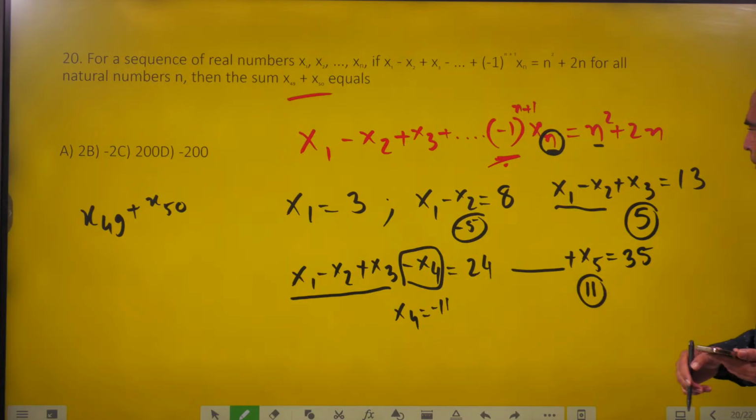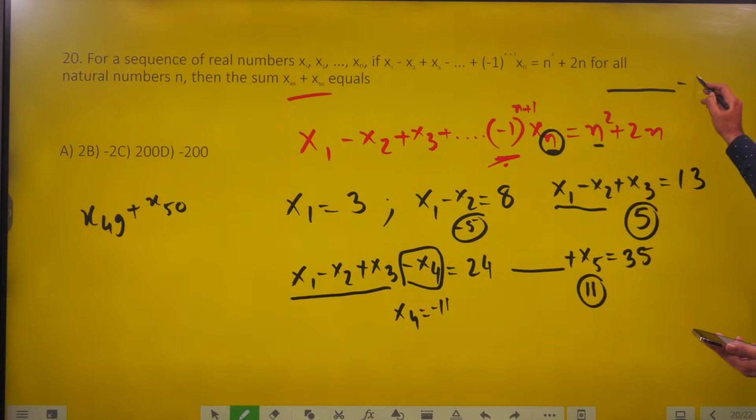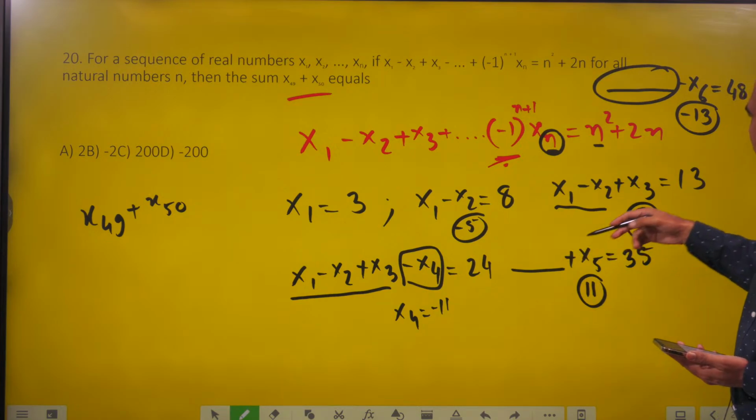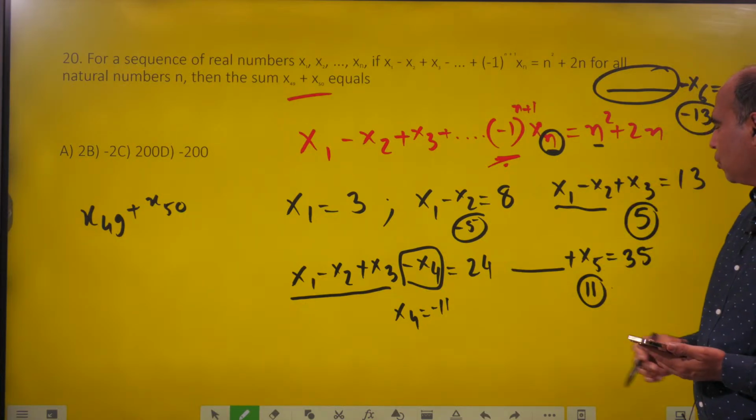And then when I go to minus x6, this whole expression minus x6, this value is going to be 48, which tells me that the value of x6 is minus 13. Because x1 to x5, the sum of x1 minus x2 plus x3 minus x4 plus x5, was 35, and minus x6 makes it 48. That means this value of x6 has to be minus 13.